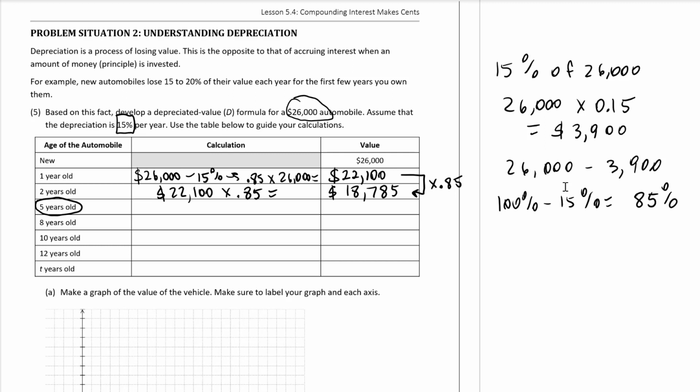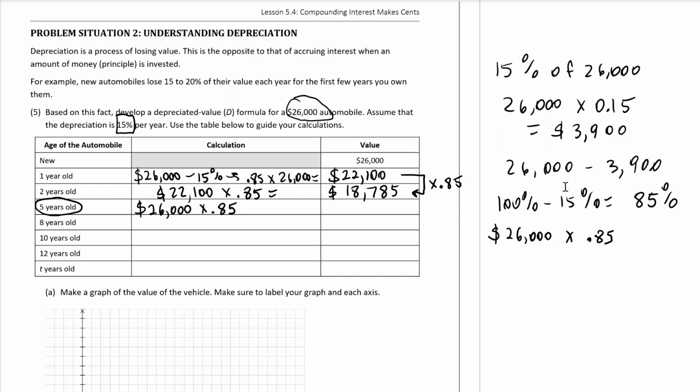But I want you to think more critically. If we start with $26,000 and we do 15% depreciation year after year after year, how can we start with 26,000 and do five-year depreciation by 15% five years in a row?